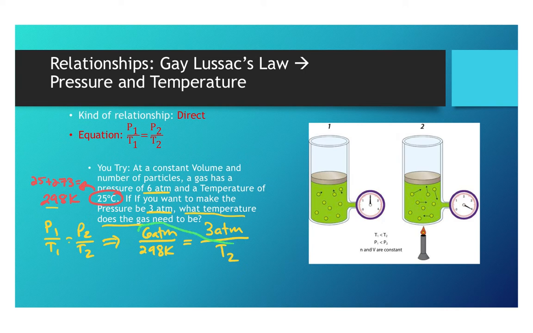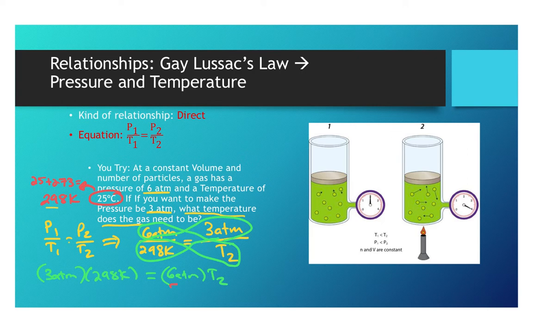And so again, the easiest way that I know how to do this is cross multiply and divide. So if I do that, I end up with 3 ATM times 298 Kelvin equals 6 ATM times T2. And we are going to solve for T2 here.